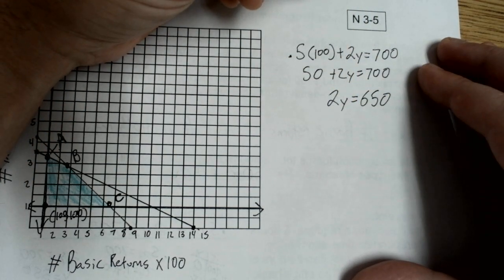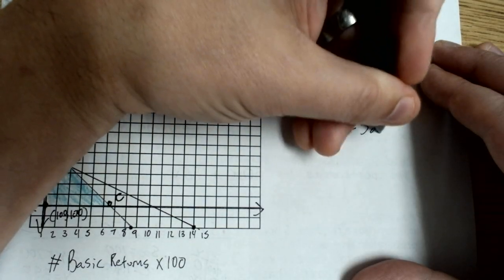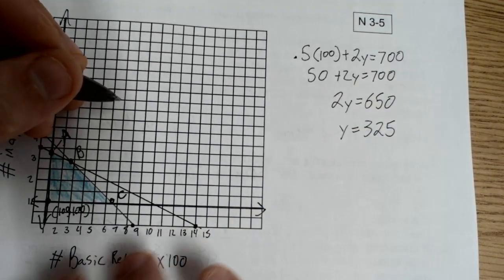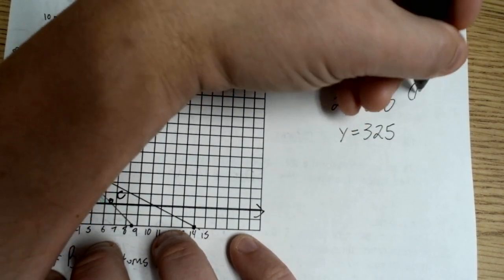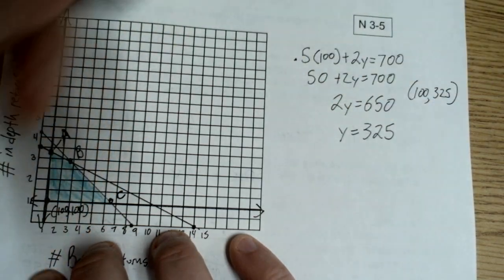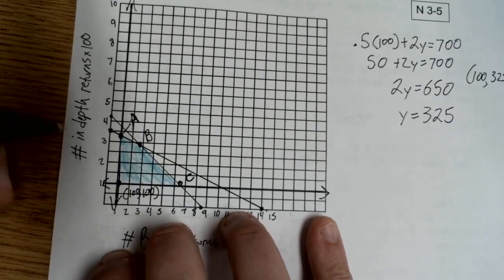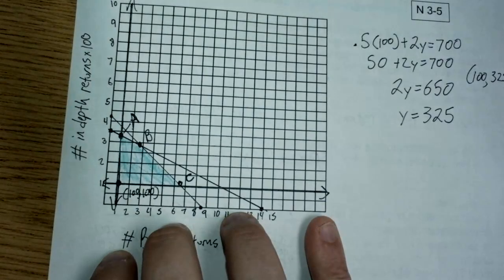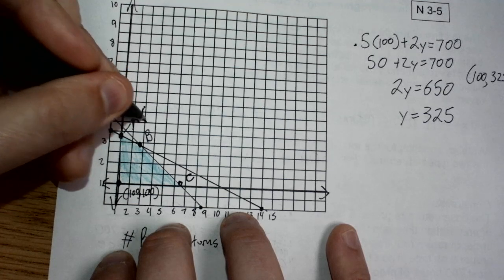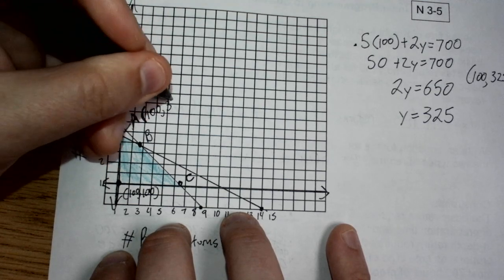And when I divide both of those, that should be y equals 325. So my x value would be 100, and my y value is 325. Again, that's just substituting in because I know this line here that comes up to meet this is 100. So that gives me my x value of 100 and y value 325.